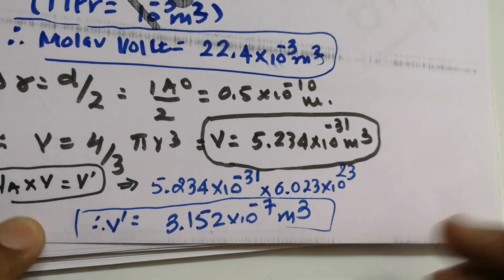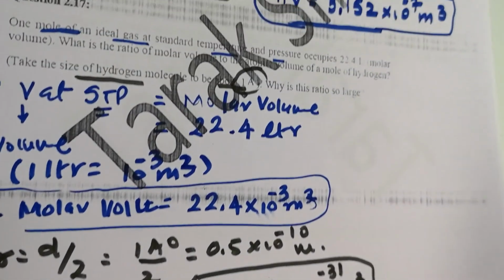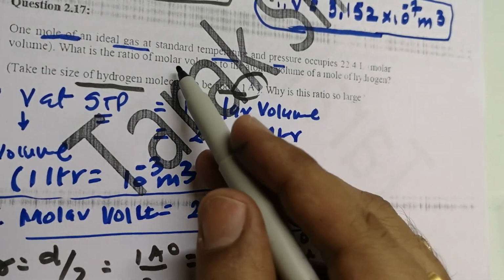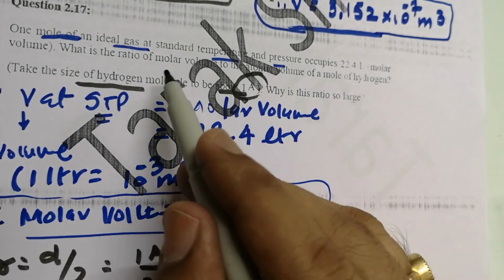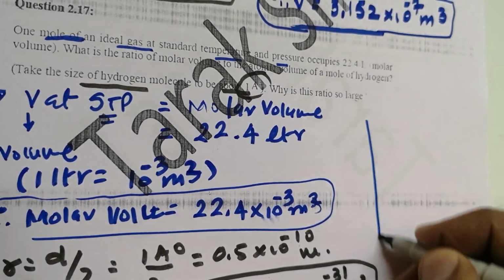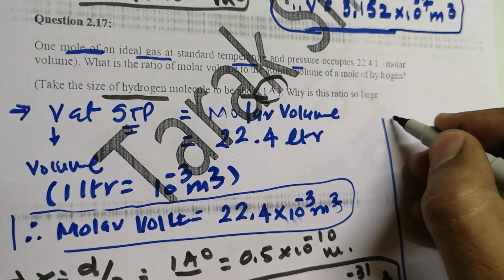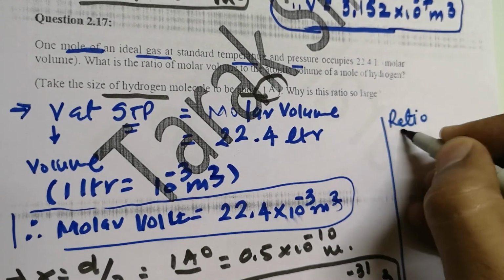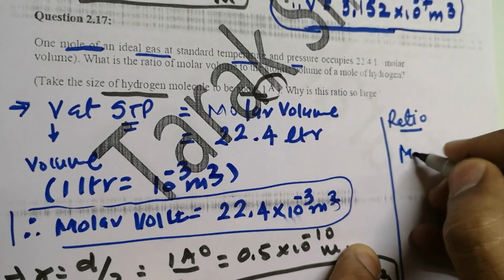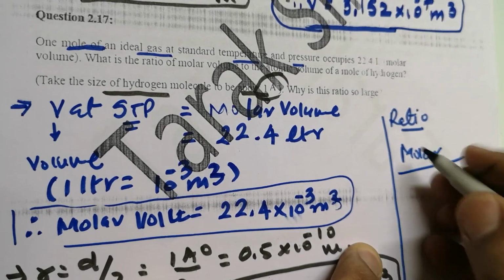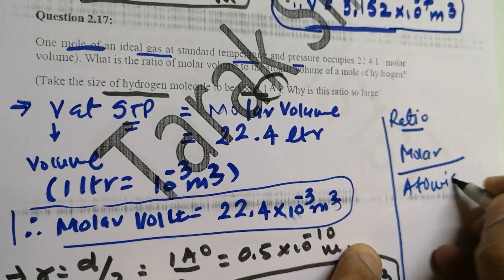I found both, but in our example they have asked us to find the ratio of both. What is the ratio of molar volume and atomic volume? The ratio they want is molar divided by atomic.